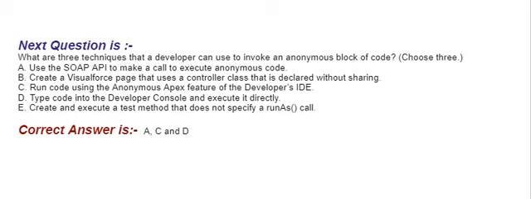Option C. Run code using the anonymous Apex feature of the developer's IDE. Option D. Type code into the Developer Console and execute it directly. Option E. Create and execute a test method that does not specify a runAs() call. Correct answer is option A, C and D.